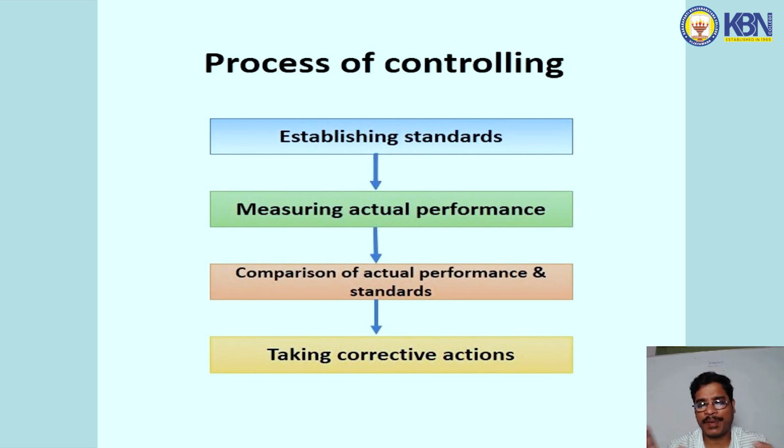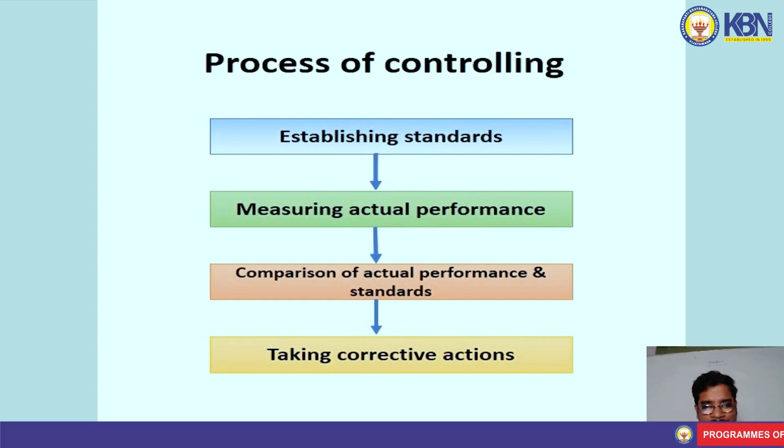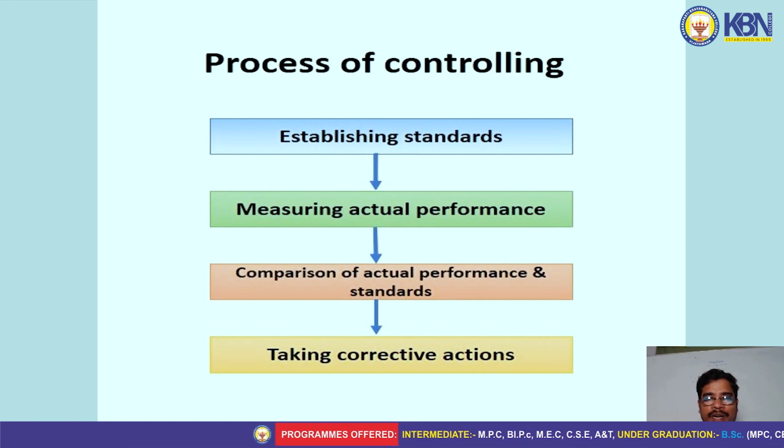See, if the pre-decided goals are different and the employees' performances are different, then it is of no use. Every employee should stick to the standards the organization has already pre-decided. That is the reason why every employee should work according to the standards, and every work should be completed according to the standards.